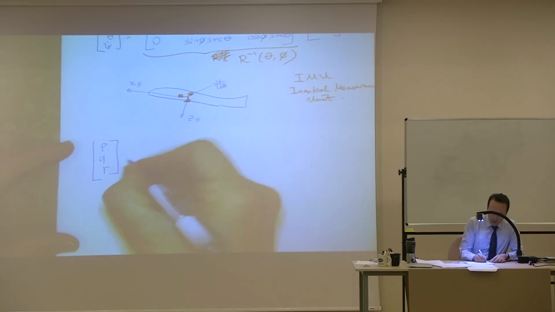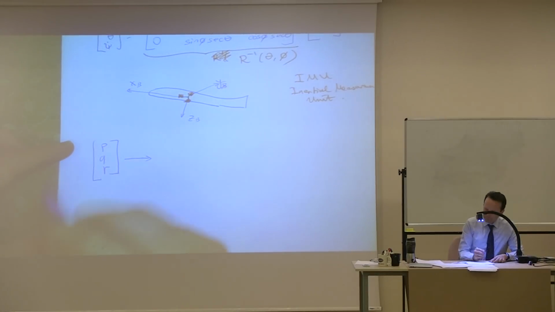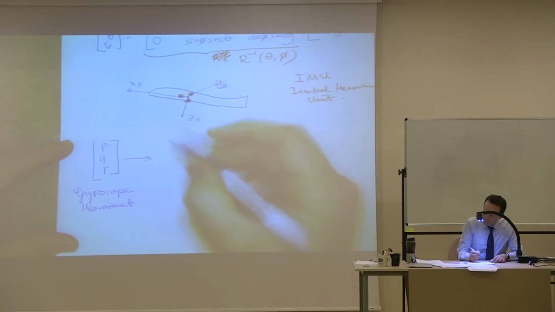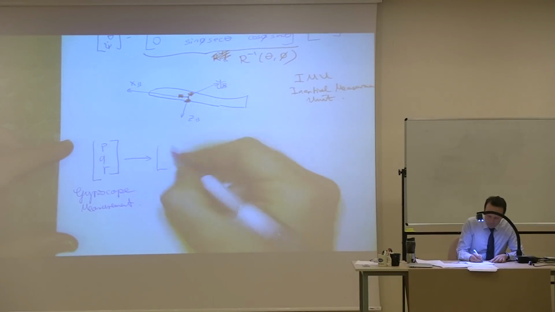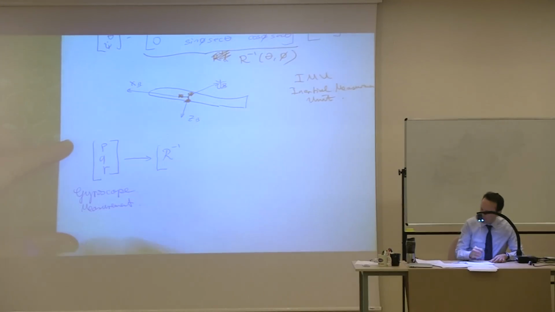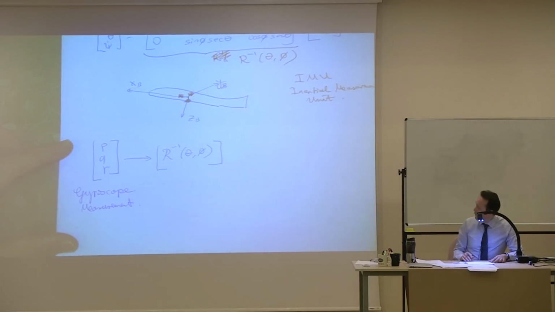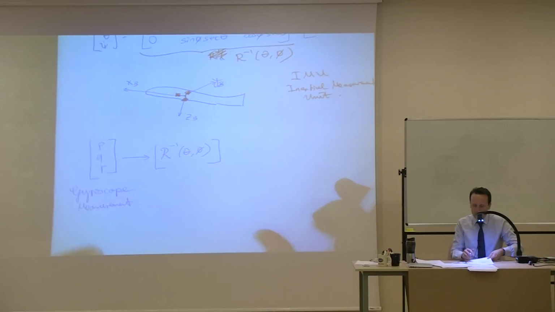Okay, so what do you do with this? You take the measurement of the gyroscope, send it to a computer, and let it calculate this. The inverse, of course, right? This one here.